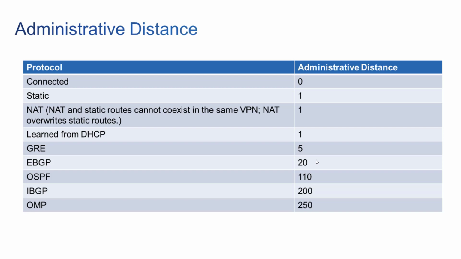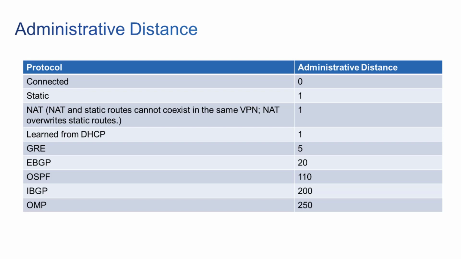So, for example, if I learn about a 10.10.10/24 prefix from EIGRP, and I learn about a 10.10.10/24 prefix from BGP, I would inherently, depending on what type of BGP, trust EIGRP over BGP. But keep in mind, we're talking about the exact same information, right?